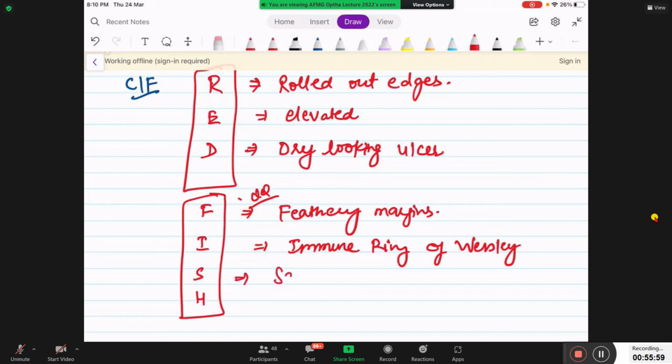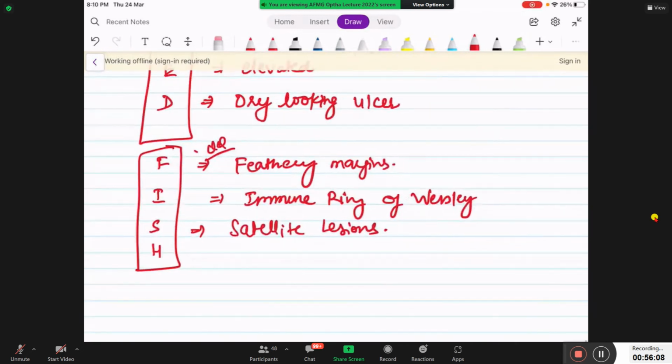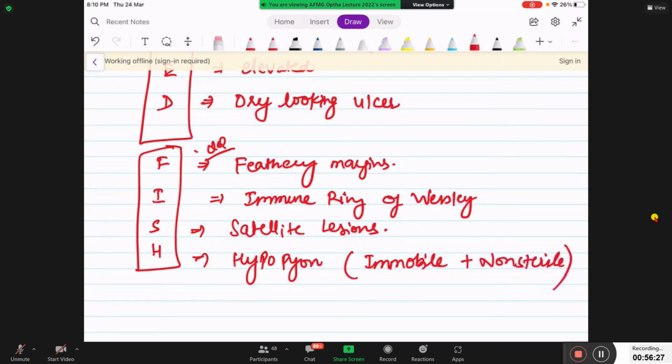S stands for satellite lesions. H stands for hypopyon, which was also present in bacterial corneal ulcer, but in fungal, the hypopyon is immobile, plus it is non-sterile.